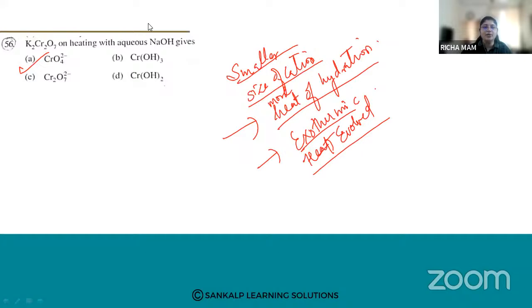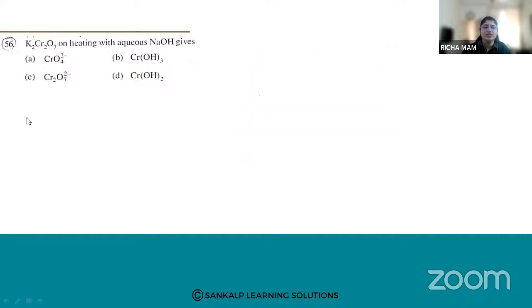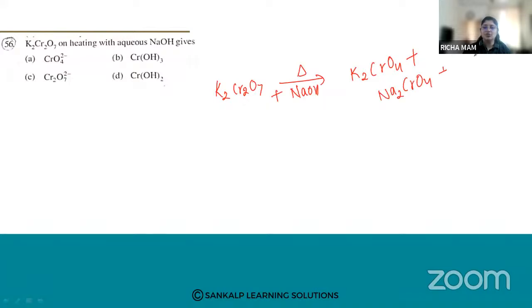Potassium dichromate on heating with aqueous NaOH gives you? When you heat potassium dichromate, K2Cr2O7, with NaOH, you will get K2CrO4 plus Na2CrO4 plus H2O.